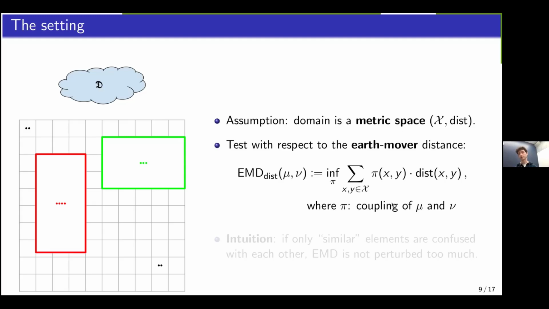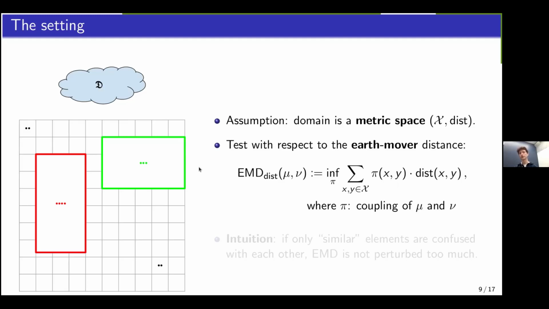And I have the formula here for the earth mover distance, but the intuitive idea is that the earth mover distance, the EMD between mu and nu, captures how much mass do we need to move to transform mu into nu, and how far does the mass have to travel. So I'm going to choose a coupling pi, and then for that coupling, for each points x and y in my domain, I multiply the mass moving from x to y by the distance that the mass has to travel.